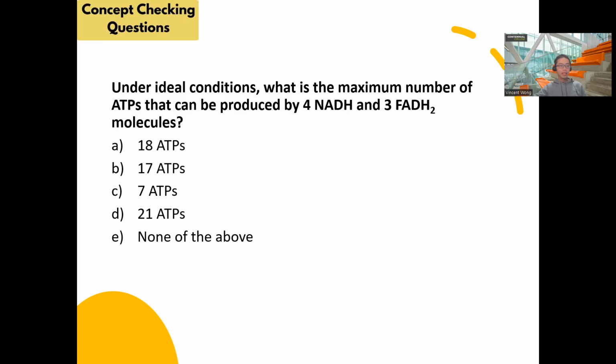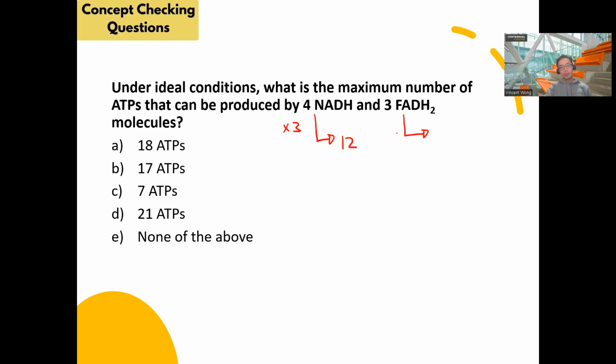Okay, it has been a minute, and I have a few attempts here. And so to do this, we just have to do some math. 4 NADH here, so each NADH can make 3 ATPs, right? So we multiply this by 3, that gives me 12.